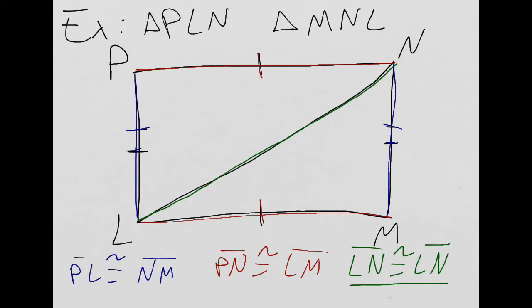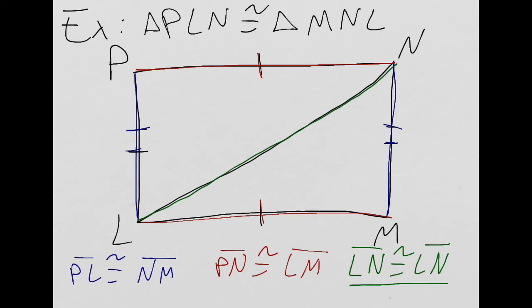So now I have all three sides of one triangle are congruent to all three sides of the other triangle. So by side, side, side, I can say that triangle PLN is congruent to triangle MNL. And notice that I kept them in the same order like we talked about in section 4-1.